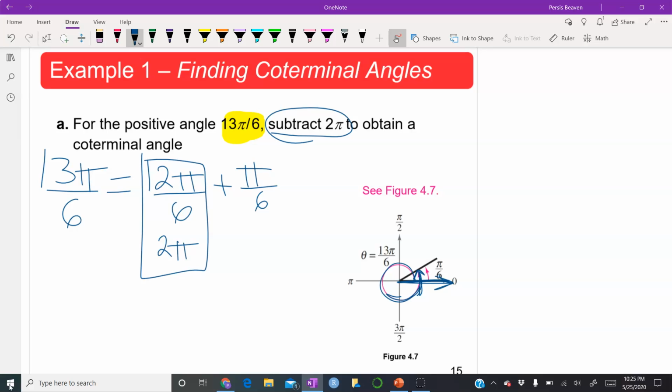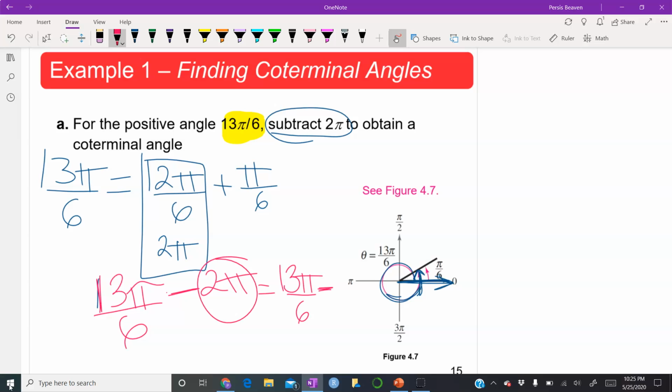So if we take that 13 pi over 6 and subtract 2 pi, 13 pi over 6 minus 2 pi, which is 12 pi over 6, is equivalent to pi over 6.